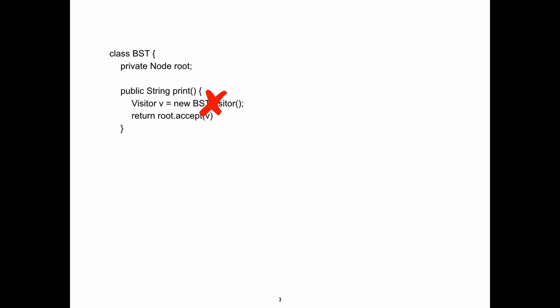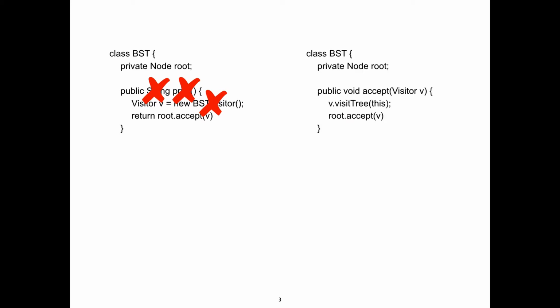Now what do I do? And then the print name is just what the one visitor returns as the representation. It doesn't mean the next visitor is going to do that. Don't want that either.